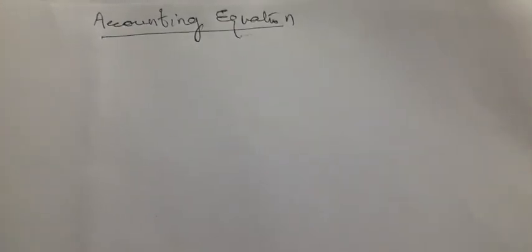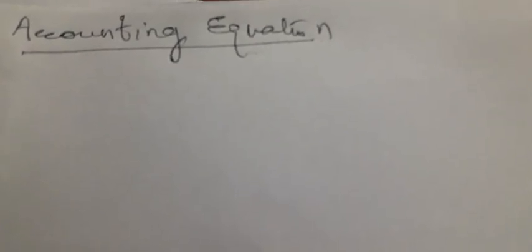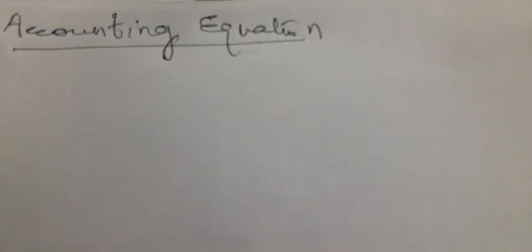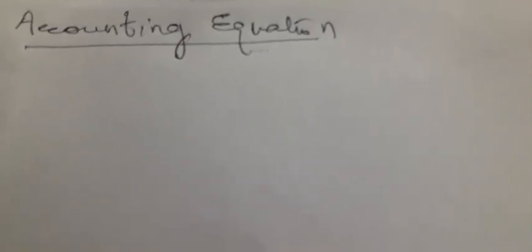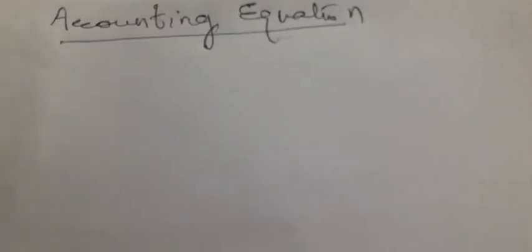When we were studying the accounting principles, there was a principle known as the dual aspect concept, which implies that in accounts every transaction has at least two aspects.